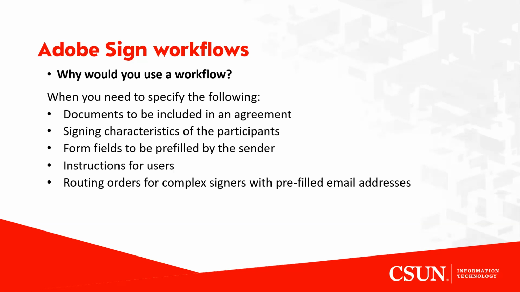What that means is, let's say I'm the last signer of every agreement that comes into IT. I'm the final sign off, Bergen Mazatco. A pre-filled email address means that you can pre-fill bmazatco at csun.edu as the last signer for every agreement. And this can't be done without a specific workflow in place.